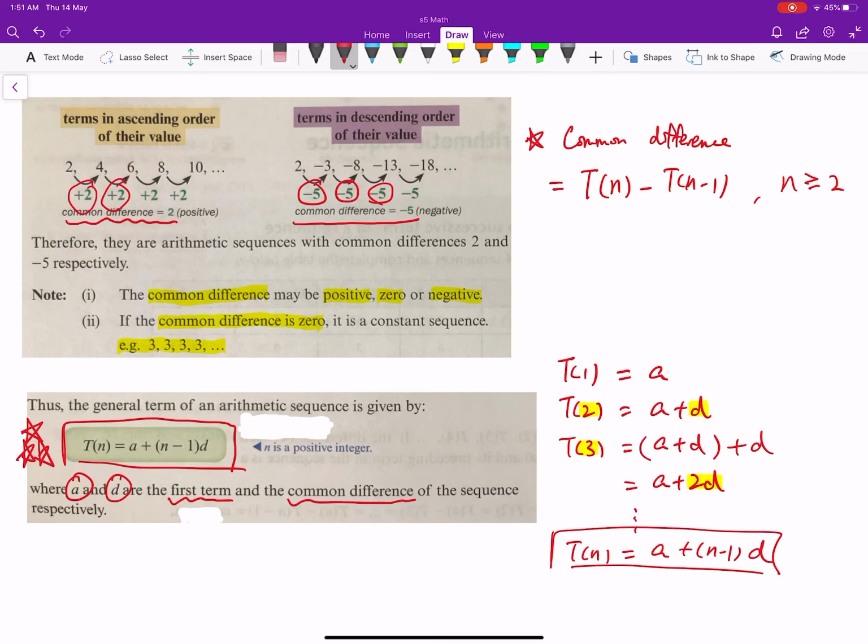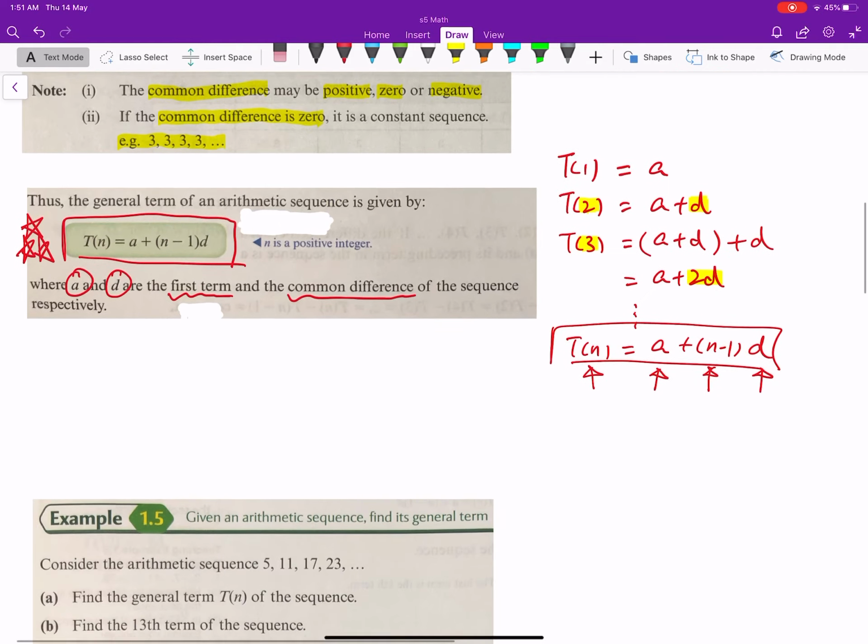You will notice that the first one is Tn, the second one is A, the third one is n, and the fourth one is D. In the questions, basically you are going to find one of them. So we try to look at what information you have, and then what you are going to find. Then it will become easier to handle. So let's look at the questions.